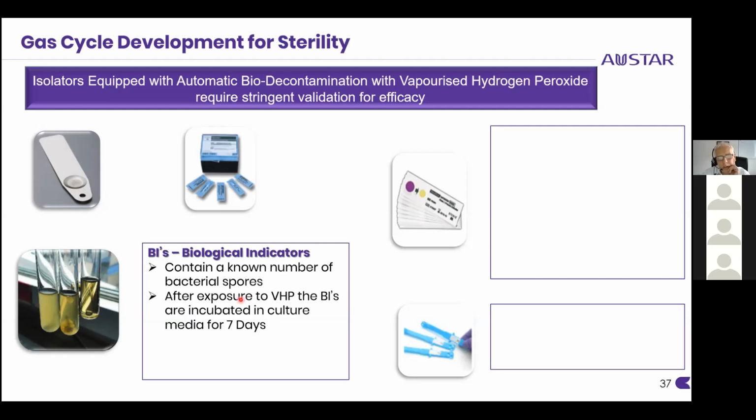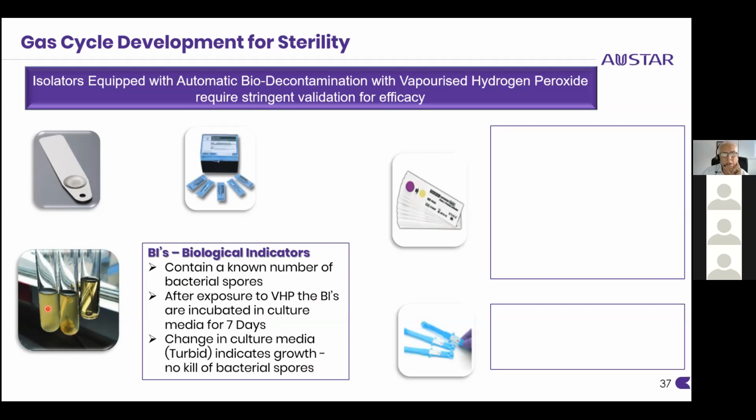After exposure to VHP, BIs are then incubated in a culture media for 7 days. If the result after 7 days is this, the gas cycle has not managed to kill all of those bacteria. If it is clear, the cycle is good, so it has managed to kill all the bacteria in there.